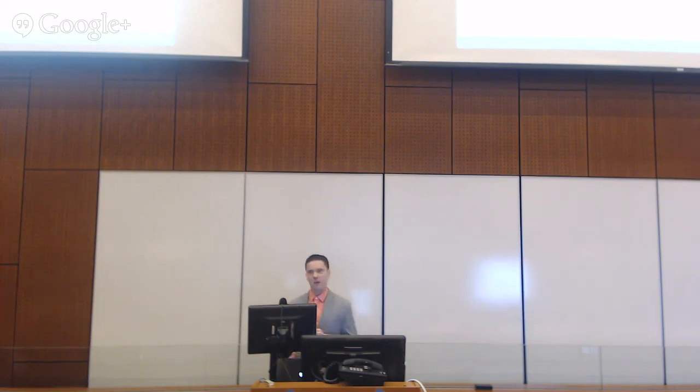We want it to be accurate. We don't want too many false positives or false negatives when we're predicting what they might be at risk for. We want this to be affordable. We want to do the data processing for one person in the order of $10. And finally, as I just mentioned, we want it to be easy. It should be something that people who don't have strong computer science backgrounds can install and run.